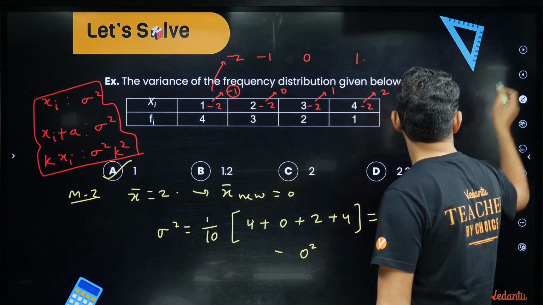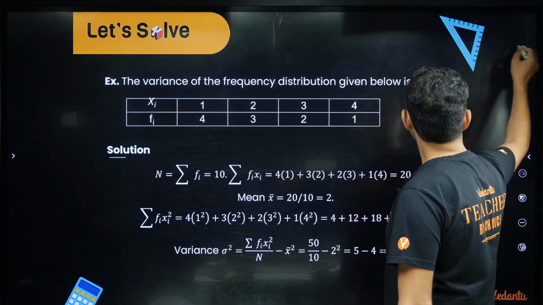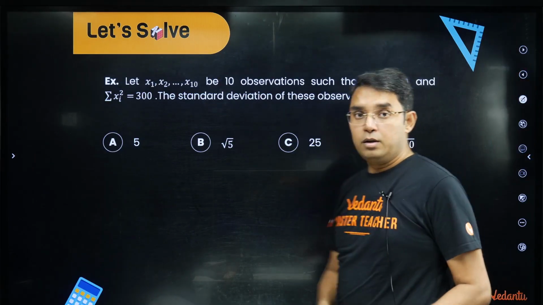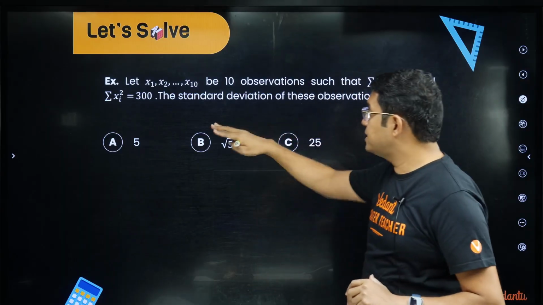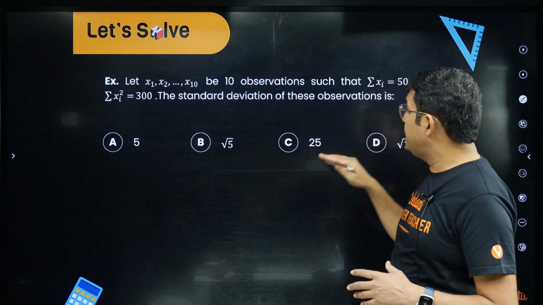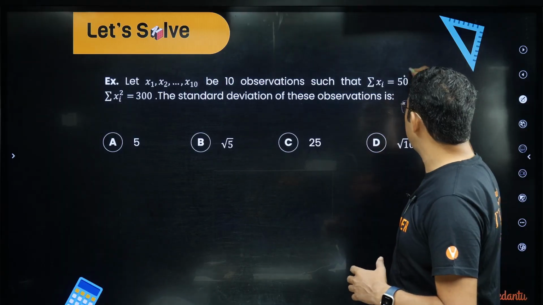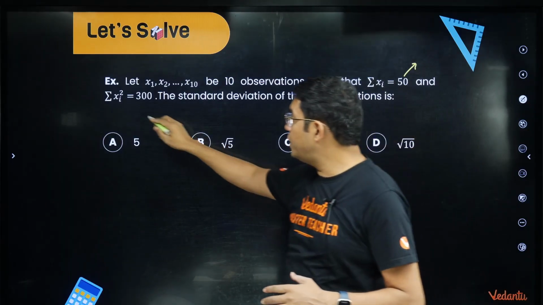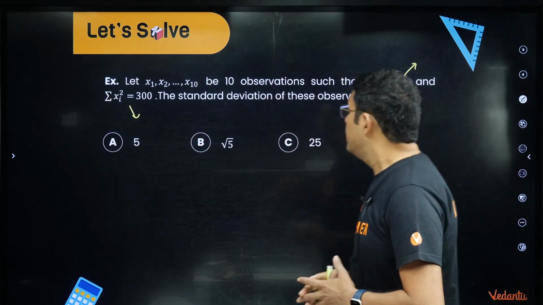Now coming to this question. It says x1, x2, up to x10 are 10 observations such that their summation is 50 and their sum of squares is 300. Find the standard deviation.